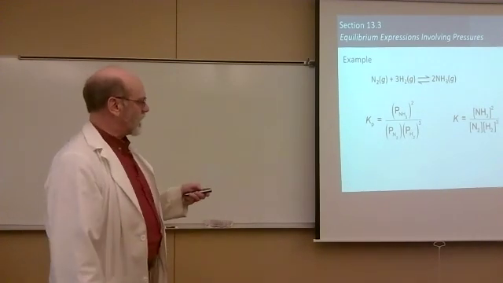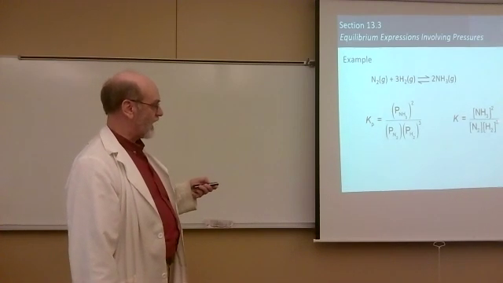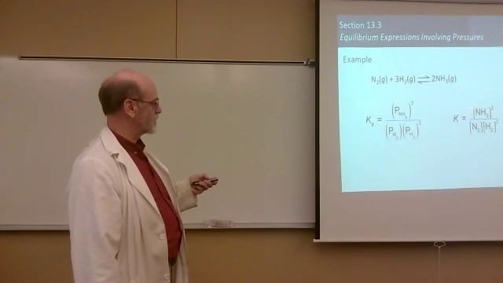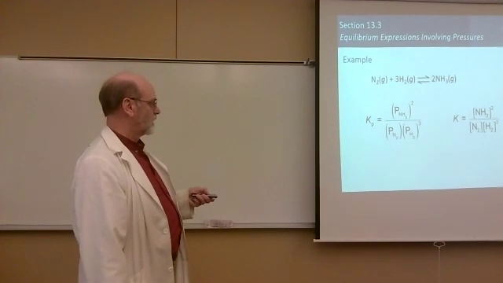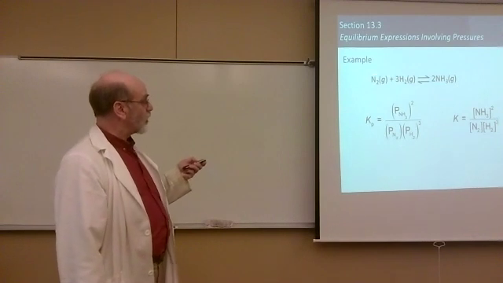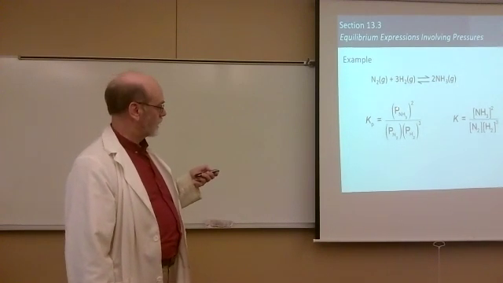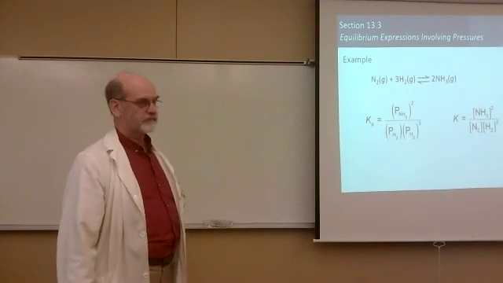Okay, so in this reaction, we can express it as molarity, right? And there's the powers. Remember, this one is to the first power, that was to the third, that was to the second, and it's based purely upon coefficients. But since they're all gases, we can also express these in terms of partial pressure. Right? So the partial pressure of ammonia, nitrogen, and hydrogen.